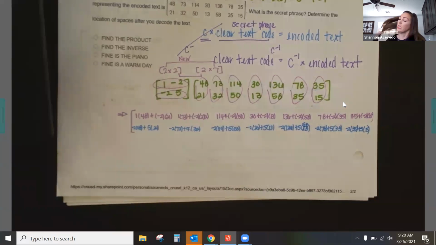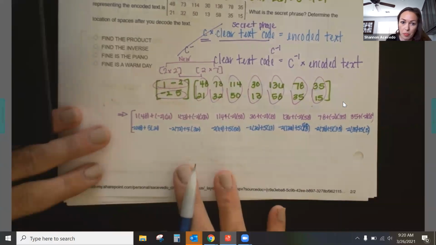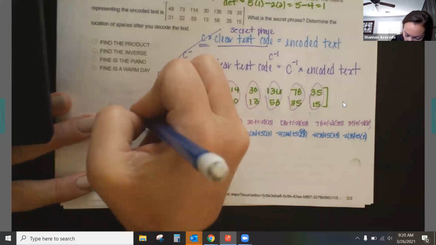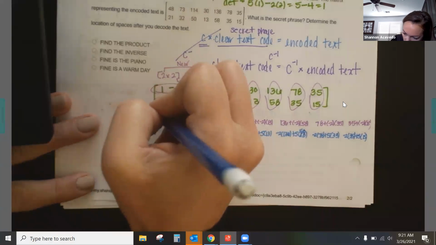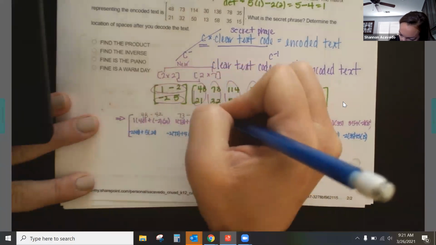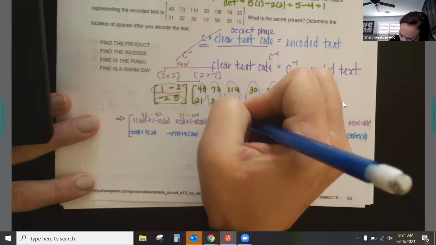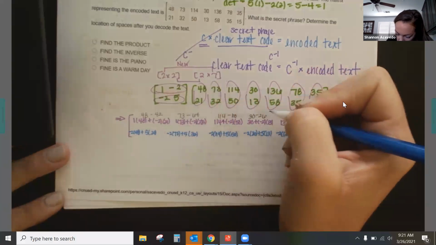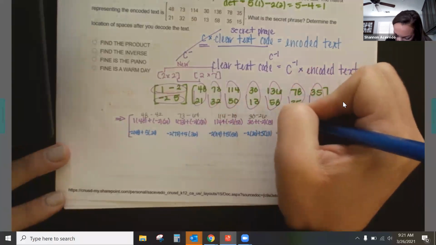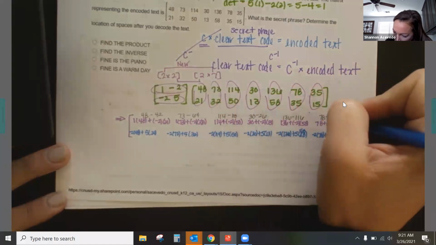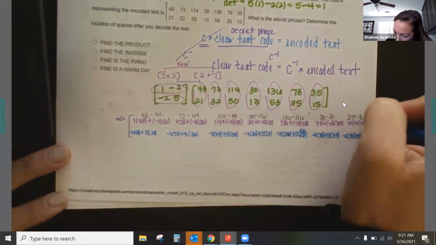Let's clean this up a little bit. All right, so I'm going to end up here. This is going to be 48 minus 42. This is 73 minus 64. This is my 114 minus 100. This is going to be 30 minus 26. This is going to be 136 minus 116. This is 78 minus 70, 35 minus 30.